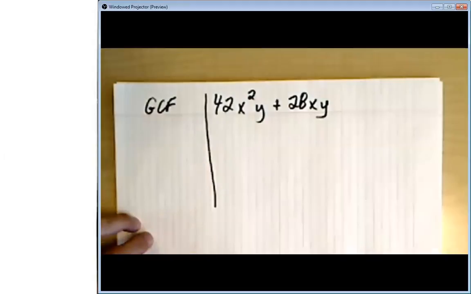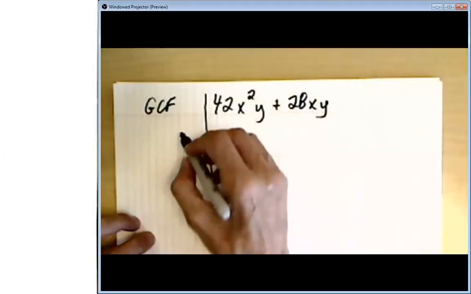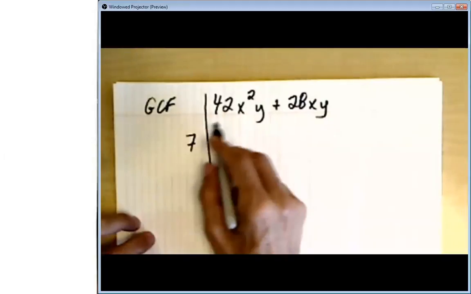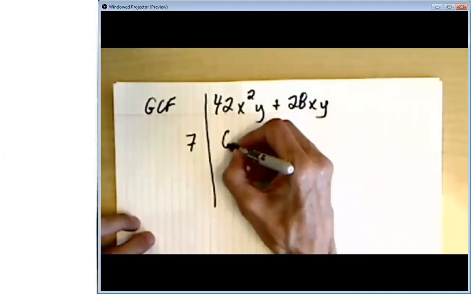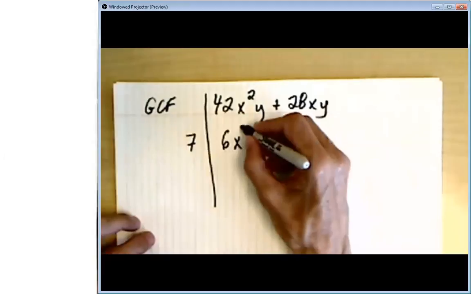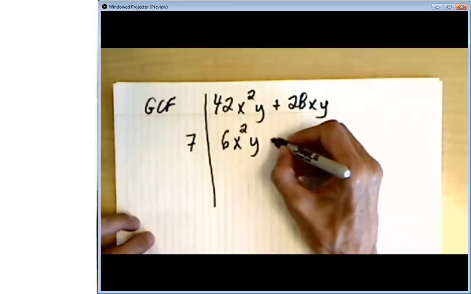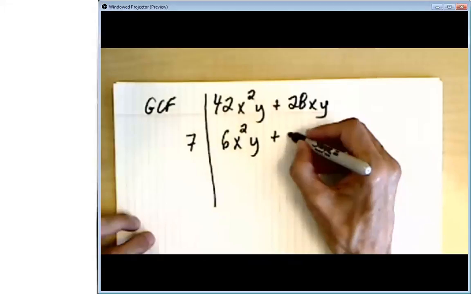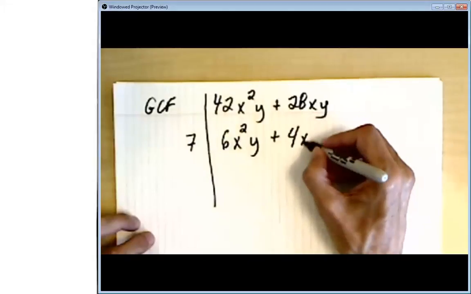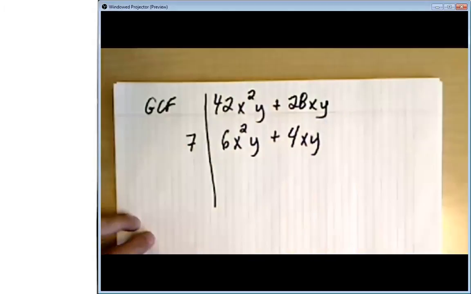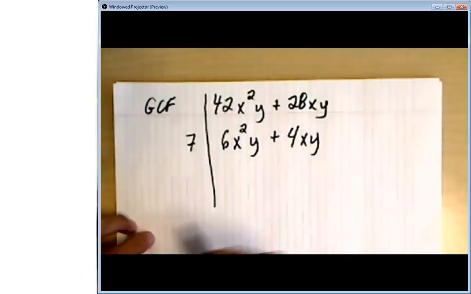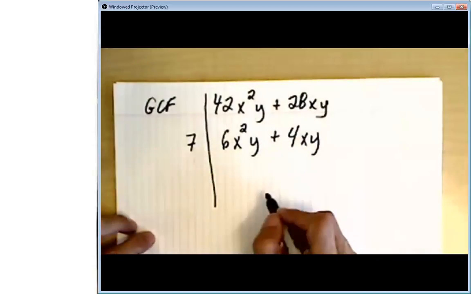Oh, you're jumping to 7 right away, eh? Okay, yeah, it's good to see that. 7 can work. So 7 goes in there. What do you got? 6x squared y. Yeah, we'll do the letters at the end until you guys get some practice. Then 2 for sure. 2, right?